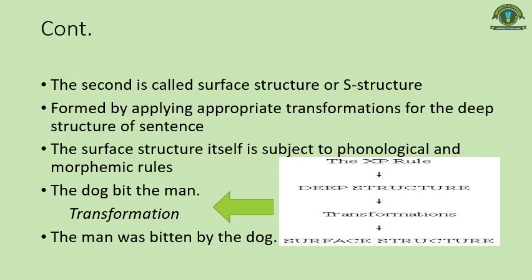Deep structures are generated by phrase structure rules, and surface structures are derived from deep structures by a series of transformations. And here in this example, the transformation called passive is applied, from the dog bit the man to the man was bitten by the dog.